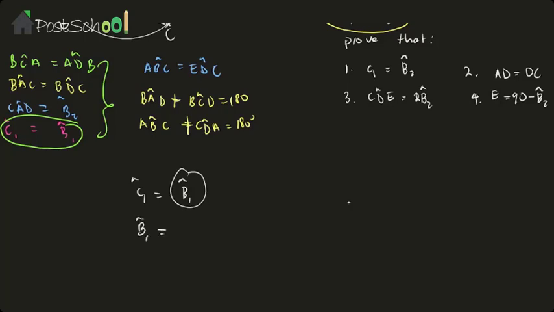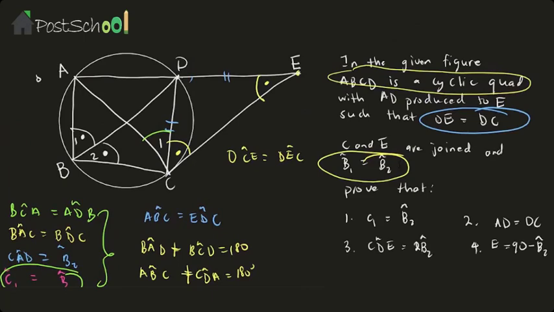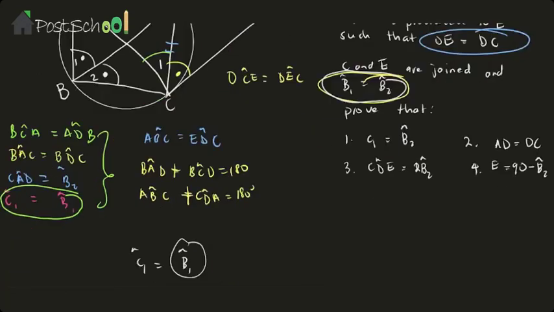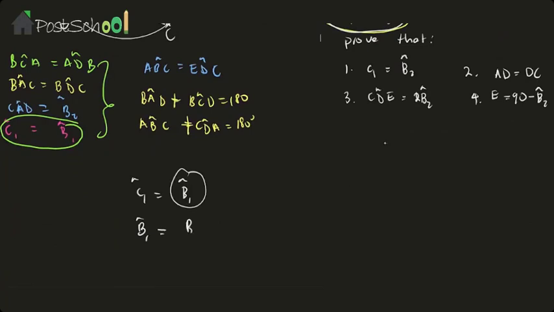P1 is equal to B1, that's what we are given here. B1 is equal to B2. Hence, they are both equal to B1. C1 is equal to B1, B2 is equal to B1, therefore C1 is equal to B2.